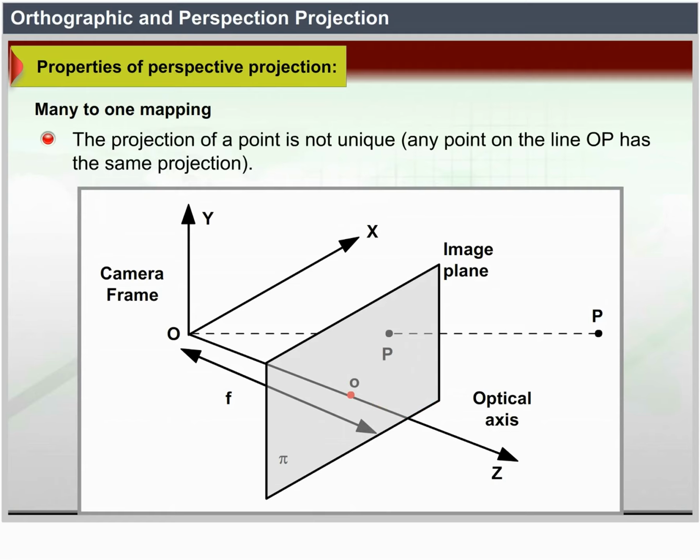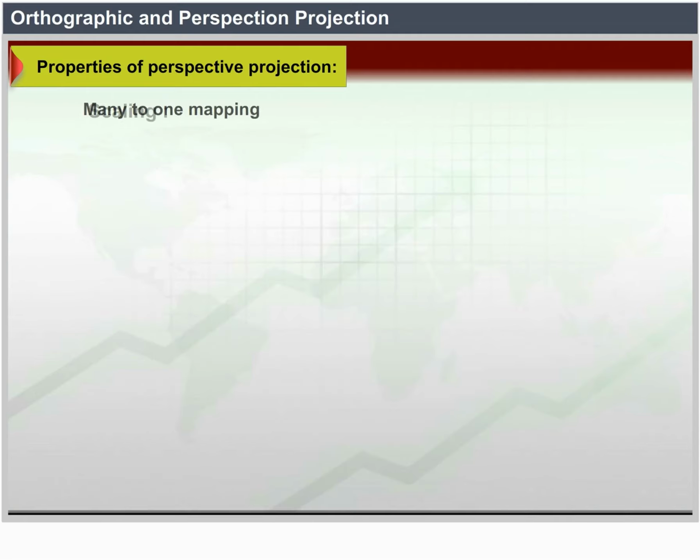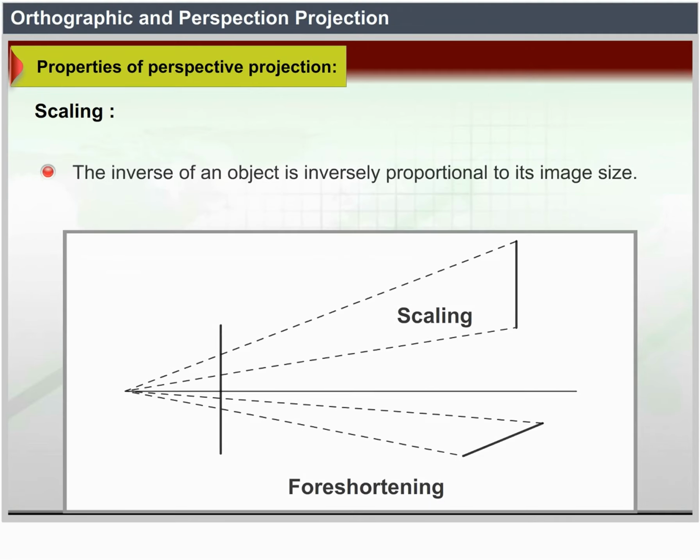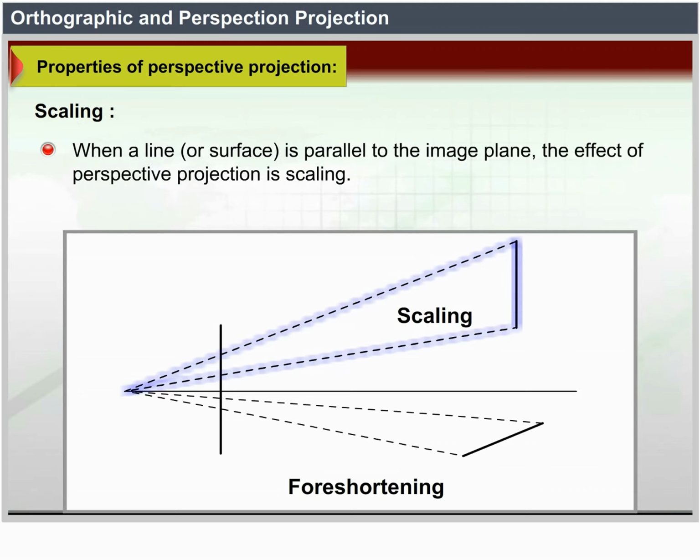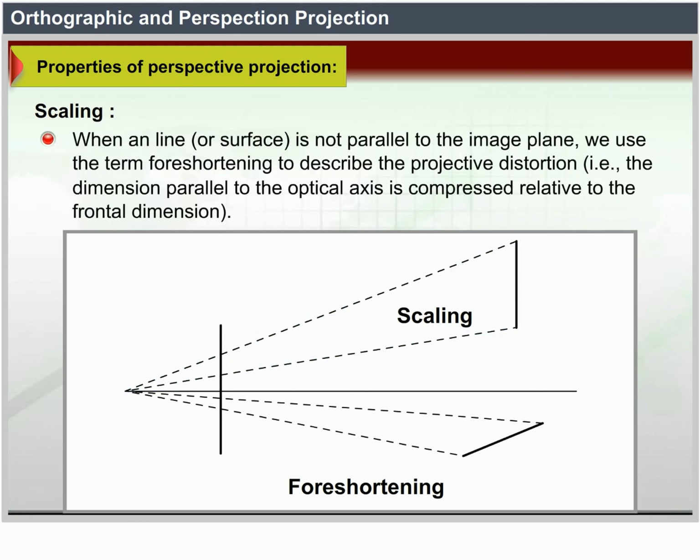Scaling: the size of an object is inversely proportional to its distance. When a line or surface is parallel to the image plane, the effect of perspective projection is scaling. When it is not parallel to the image plane, we use the term foreshortening to describe the projective distortion. That is, the dimension parallel to the optical axis is compressed relative to the frontal dimension.